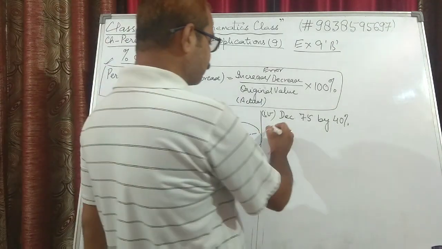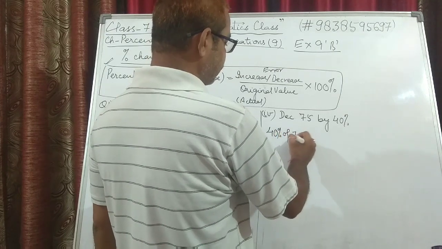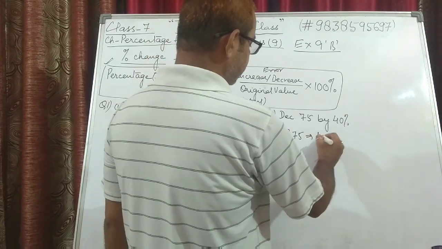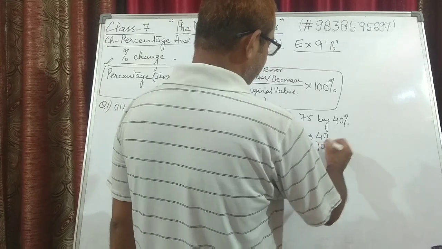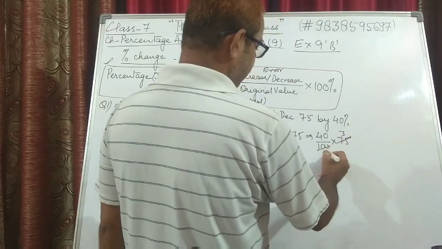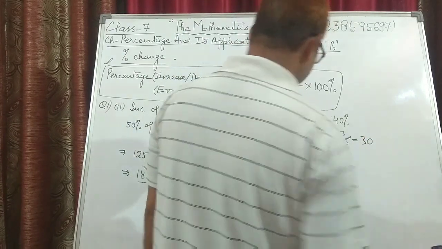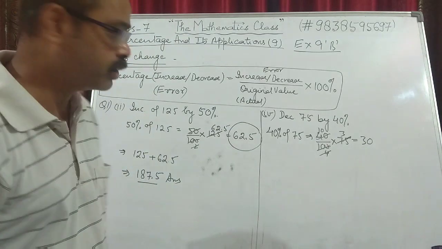So first we will calculate 40% of 75. That will be 40 upon 100 into 75. 25 3s are 75, 25 4s are 100, 4 10s are 40, 10 3s are 30. So 40% of 75 is 30.